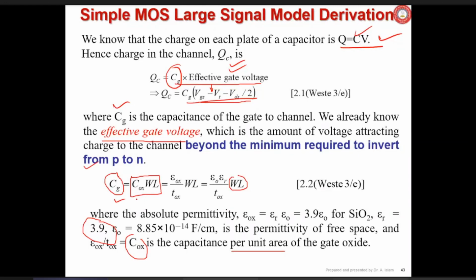So CG, we have already discussed, is Cox into area WL, because Cox is written as farad per meter square or centimeter square.